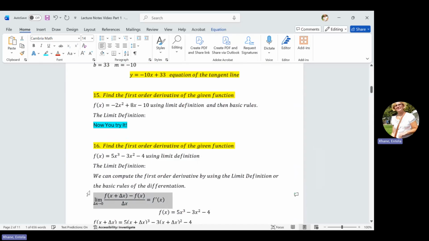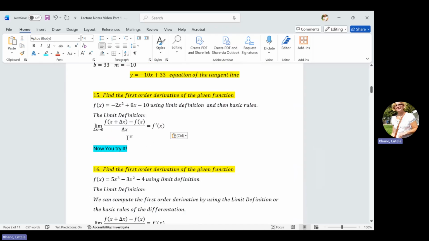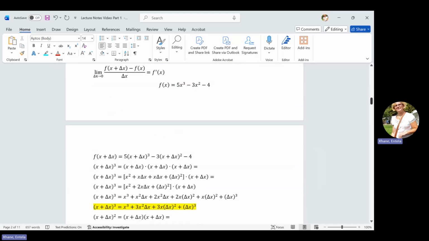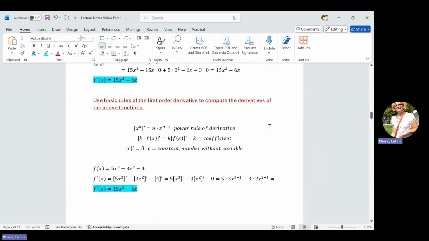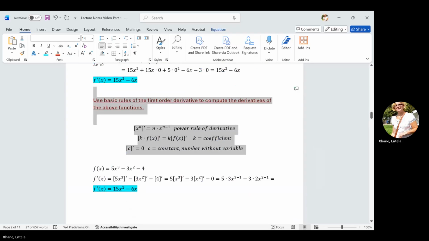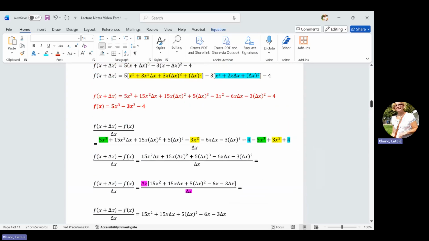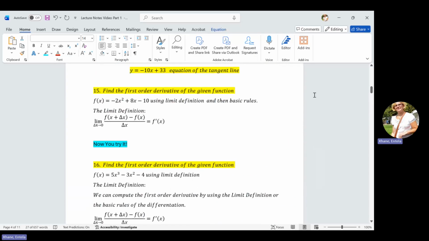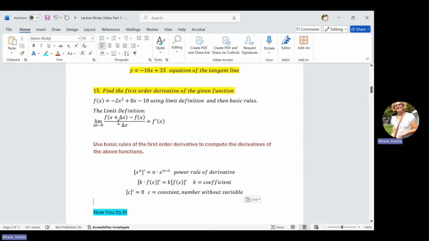So let me copy and paste so you're not confused. When I say limit definition, that's limit definition. And then when I say basic rules, these are the basic rules. So I'm kind of like copying and pasting them so you can have them. Okay. And that's a good exercise for all of you. And that's going to be the way you learn it. Okay.